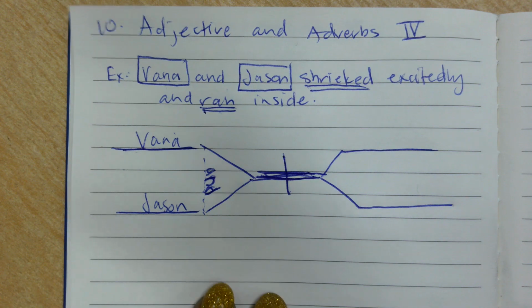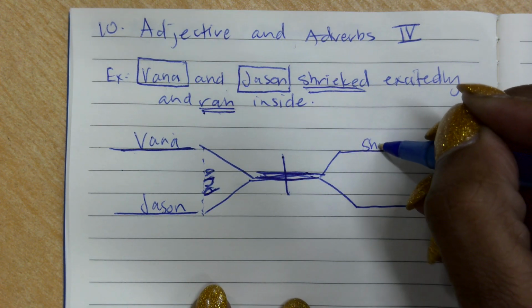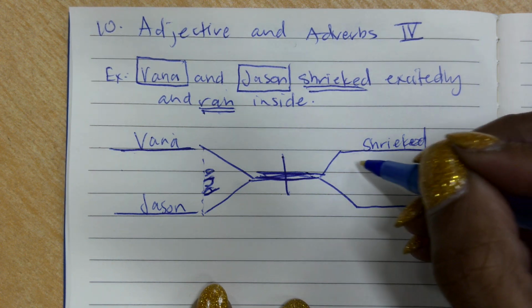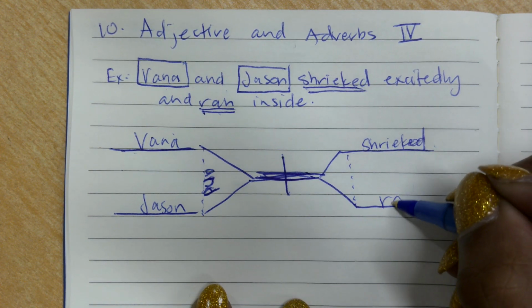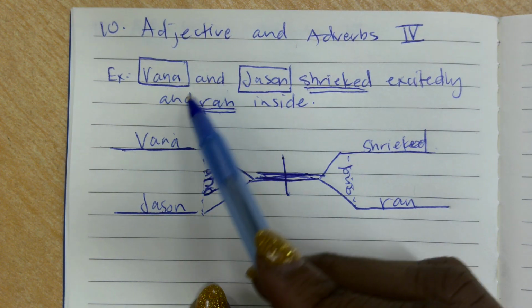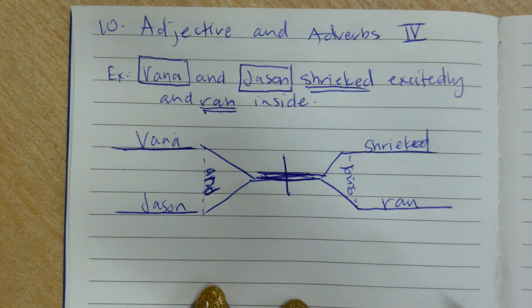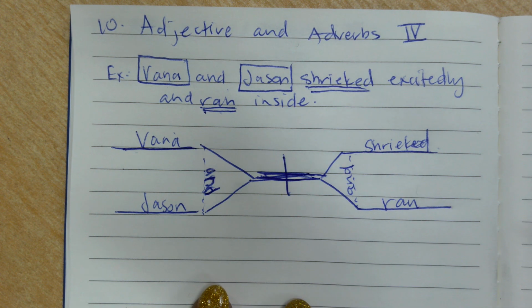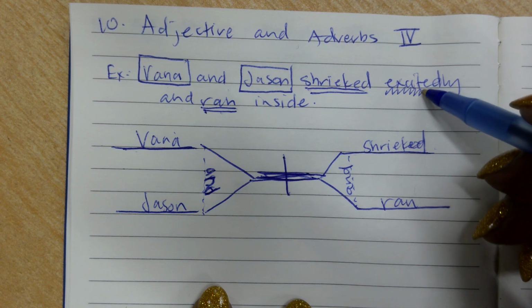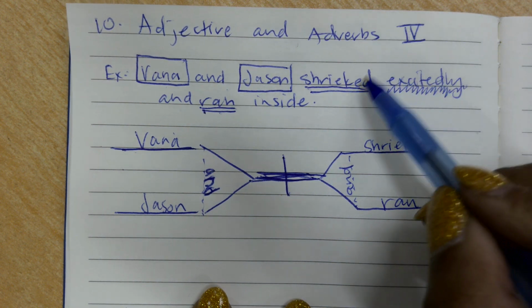Now for our verbs, shrieked and ran. And again, we have the conjunction and. Okay, so then what do we do with the words excitedly and inside? Well, excitedly tells us how Vana and Jason shrieked.